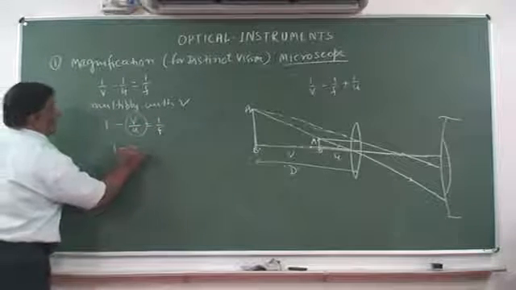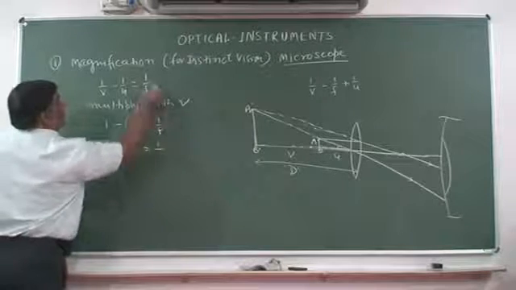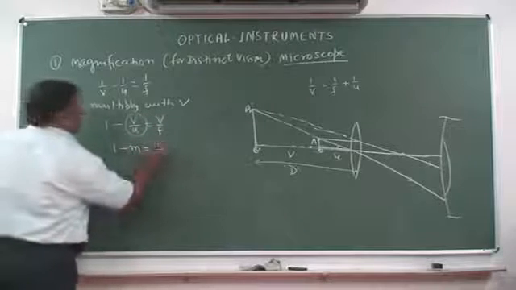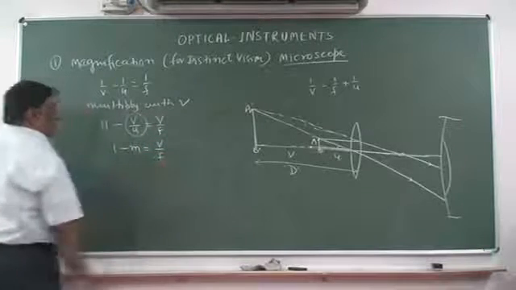Magnification. So, 1 minus magnification is equal to V upon F.